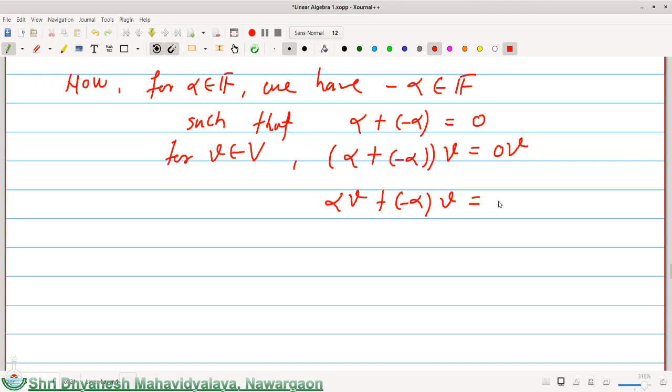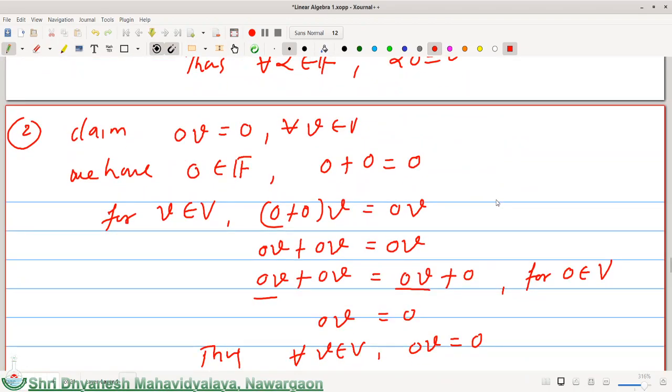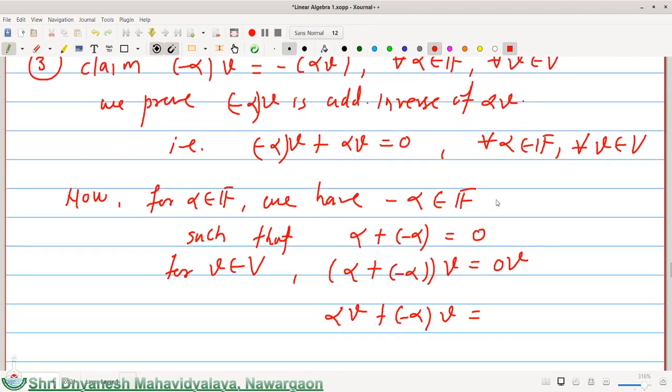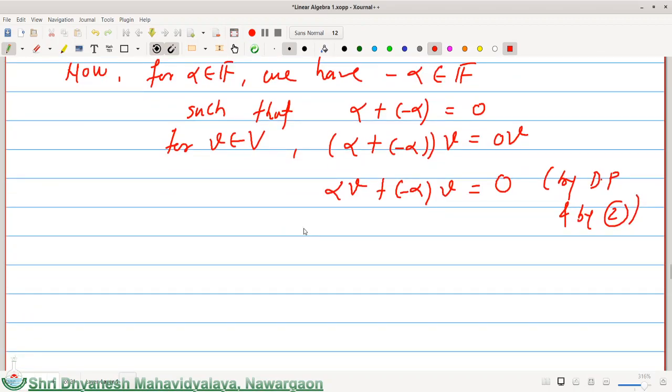From previous proofs, number 2, 0 into v is equal to 0. We have proved this just before. So 0 into v is 0. Give reason here: by distributive property, and by number 2 we have proved. So this is alpha v plus minus alpha into v is equal to 0.